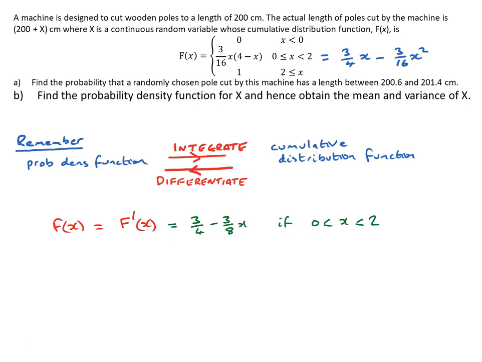If x is less than 0, then the distribution function is 0, and if we differentiate 0, we get nothing. If x is greater than 2, the distribution function is just equal to 1, and if we differentiate 1, we just get 0 again. So the probability density function is 3/4 - 3/8 x if x lies between 0 and 2, and it's equal to 0 otherwise.